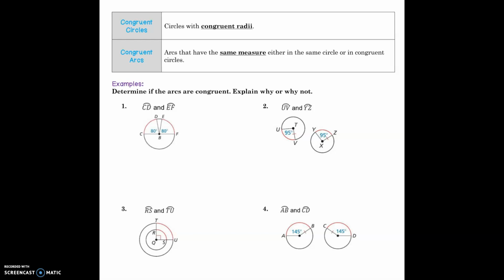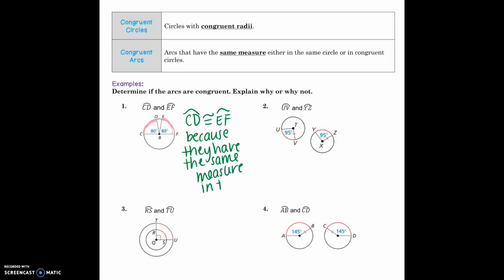Arc CD and arc EF are congruent. So CD is congruent to EF because they have the same measure in the same circle.